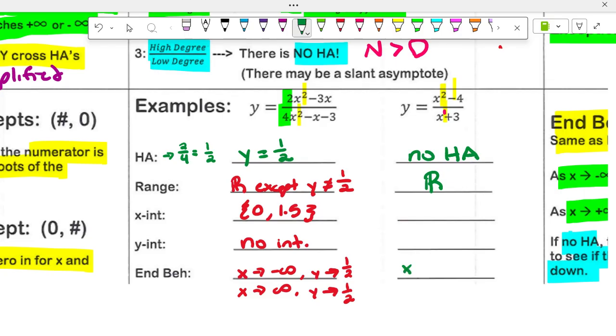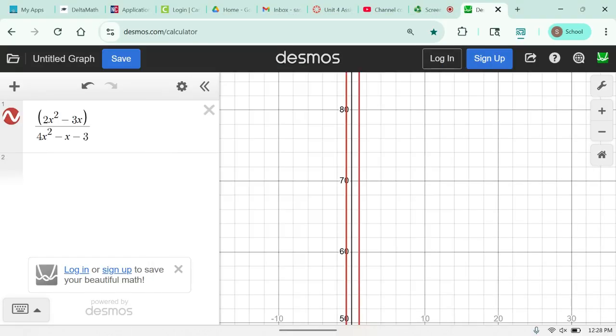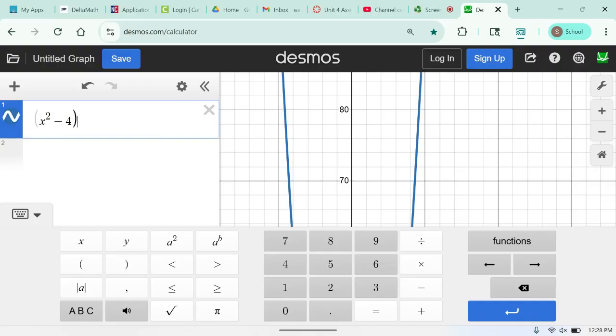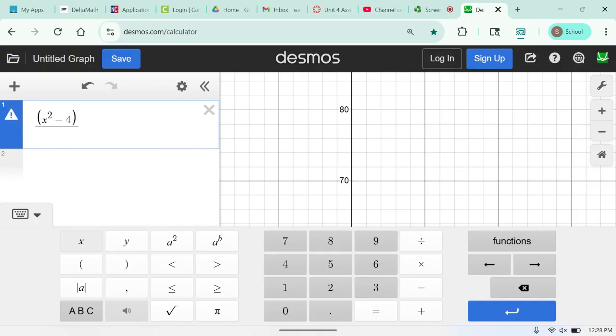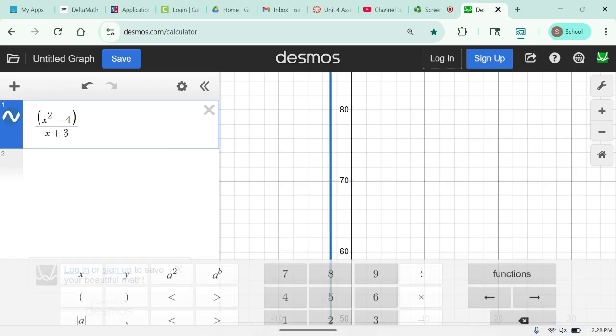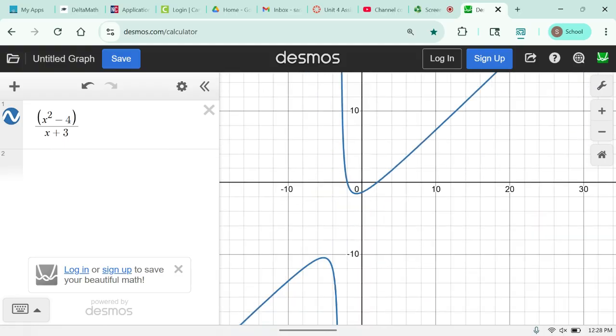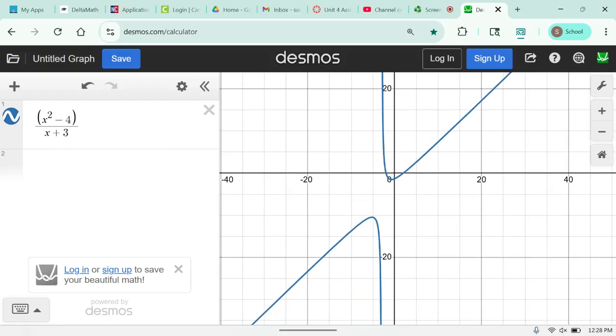So our end behavior is going to be based off of when we look at the graph. So I'm going to look at that graph really quickly. So I have x squared minus 4 divided by, what was it, x plus 3? So this one's a little funky. So my ends are here, the leftmost tail, and here, which is the rightmost tail.